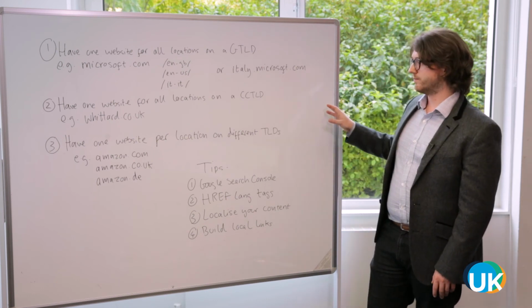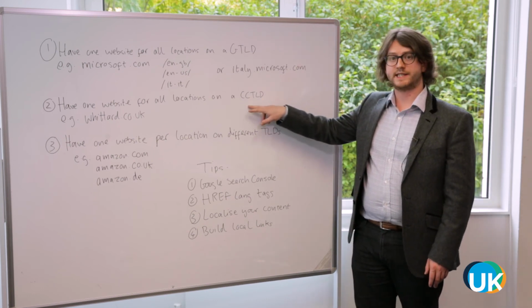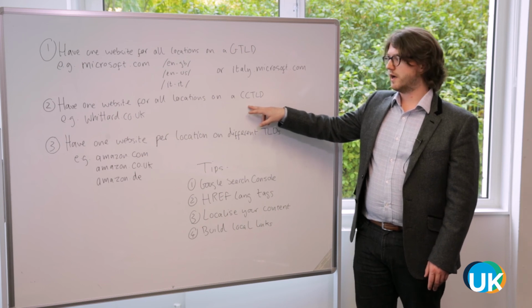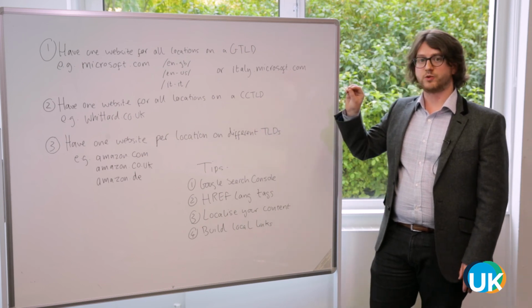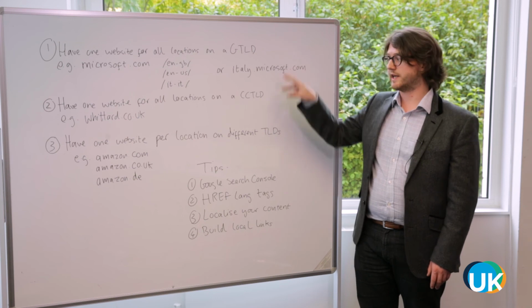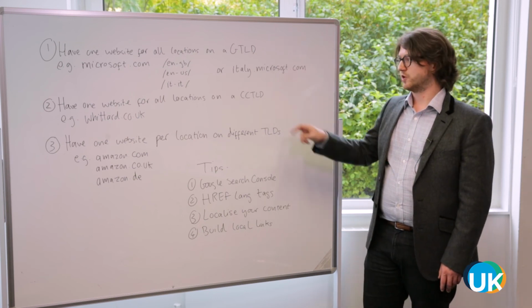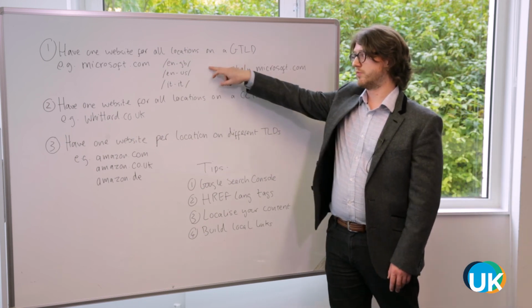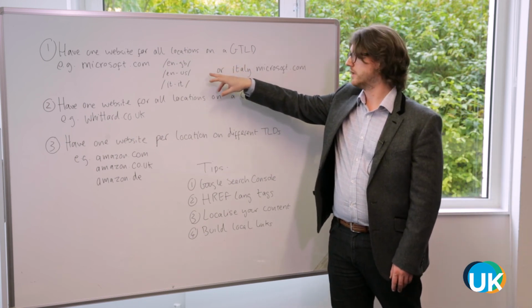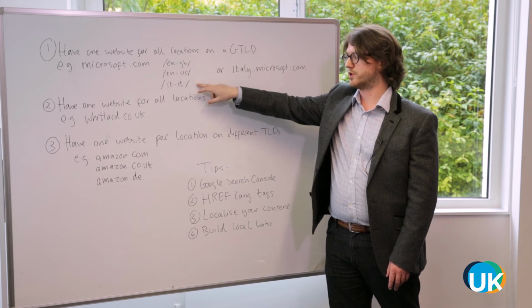So one option is that you just stick with a ccTLD at the start. That means that you're targeting the UK better than any of the other options. Then when you do target internationally, you could go for option number 1, choose a gTLD and have separate languages.